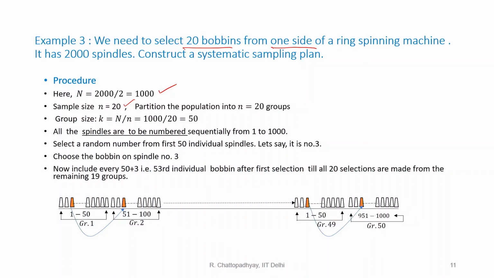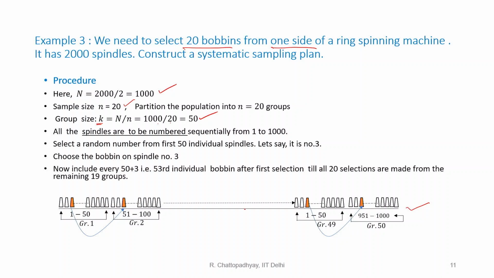So each group will have how many items? K is the group size. It will be capital N by small n, 1000 by 20, that is 50. So 50 is going to be the group size. This is what is represented in the figure below.